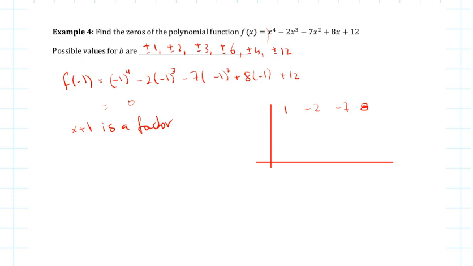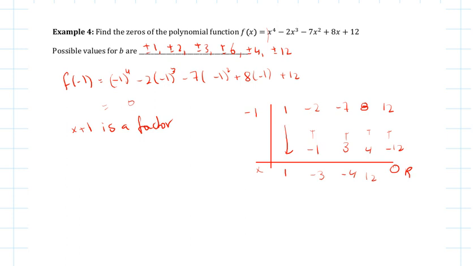Bring down the 1. 1 times negative 1 is negative 1. Add, that's negative 3. Negative 3 times negative 1 is 3. Add, that's negative 4. Negative 4 times negative 1 is 4. 8 plus 4 is 12. 12 times negative 1 is negative 12. Adding gives me a remainder of 0. So this is going to be x cubed, x squared, x, and the number.